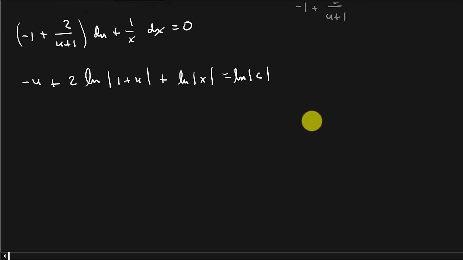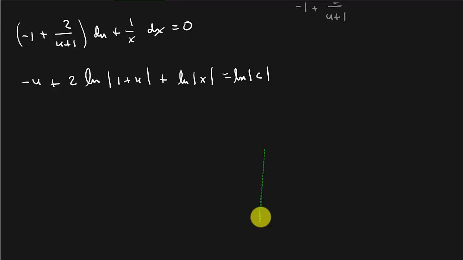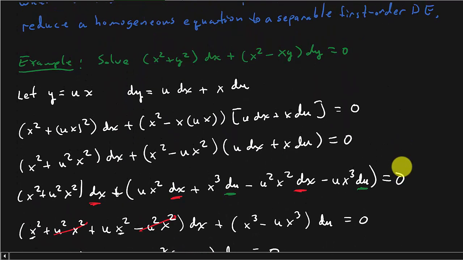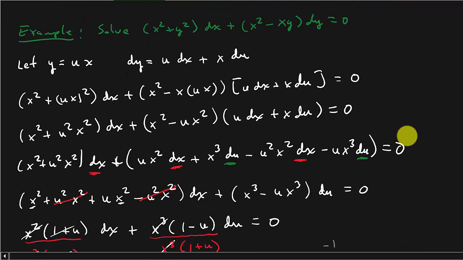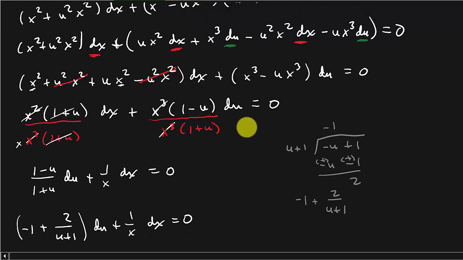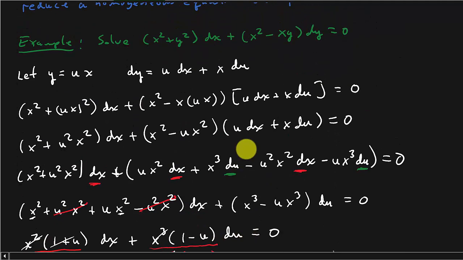And so now let's do some substitution. You see the u right here. I've got to plug back in, to get everything back in terms of x and y. What does u equal? Remember the substitution we made here: y equals u times x.